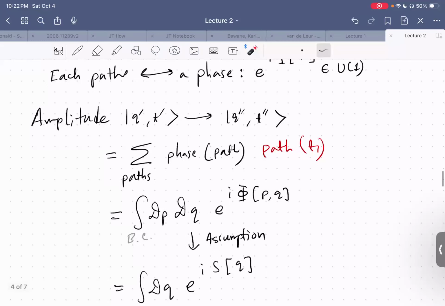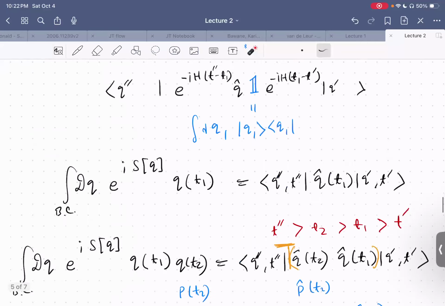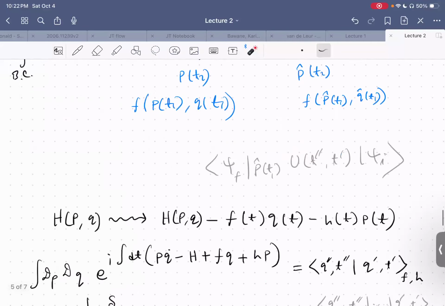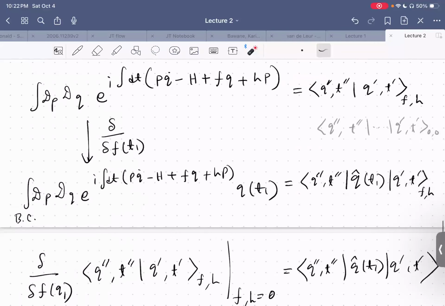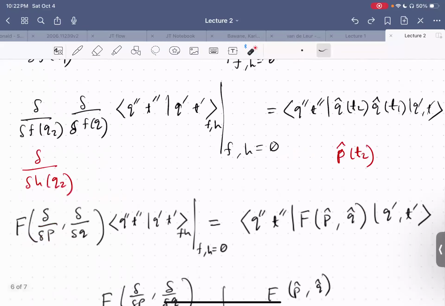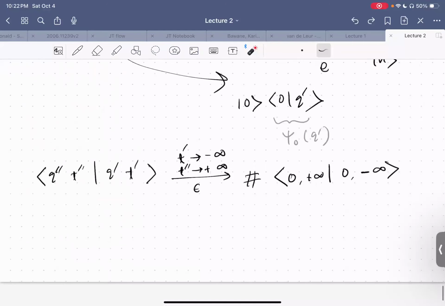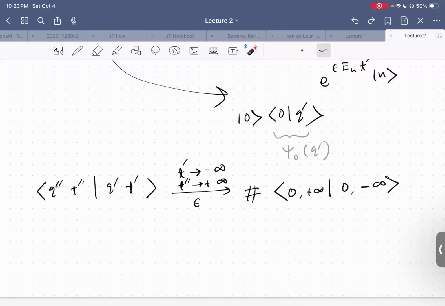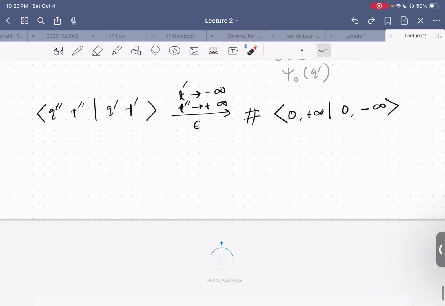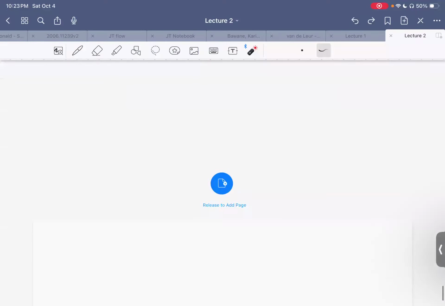So now when we do this path integration, we don't worry about boundary conditions because it's fixed to be vacuum or the ground state. And this time integration will always be from minus infinity to plus infinity. Okay. So this assumption just simplifies some computation, that we forget about the boundary conditions, we forget about the time interval, there are infinity, and the boundary conditions are that start from ground state and end up at ground state. All right.